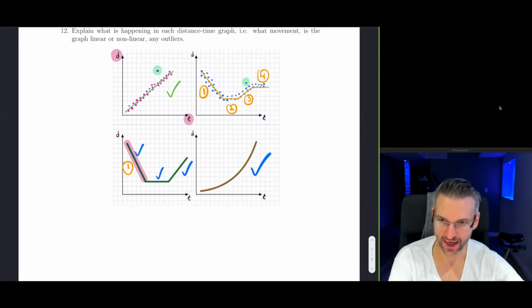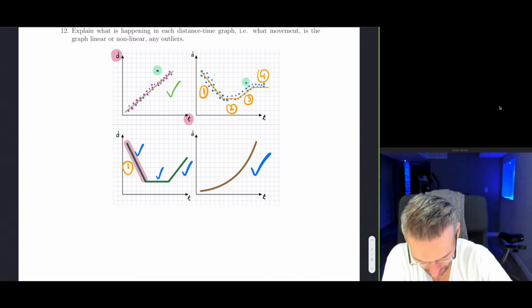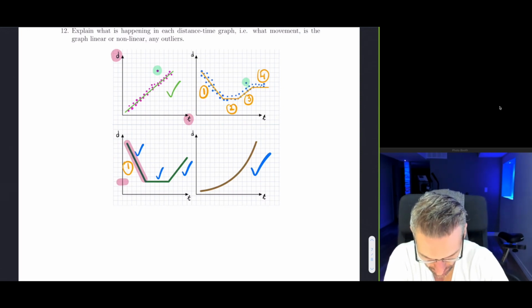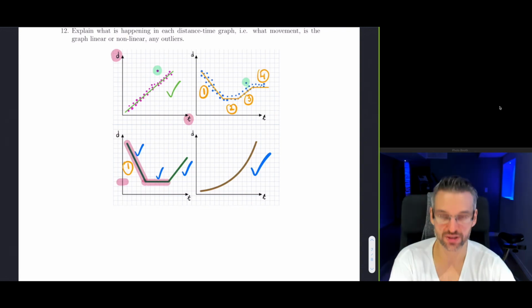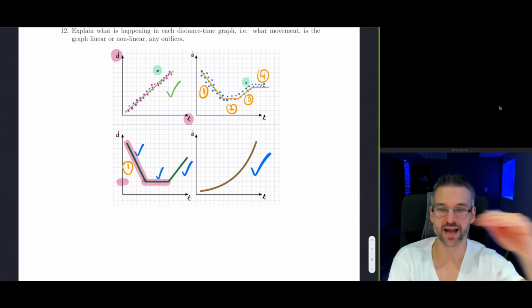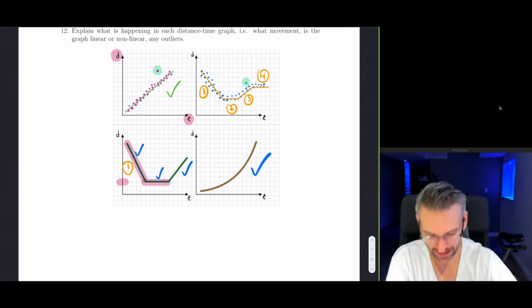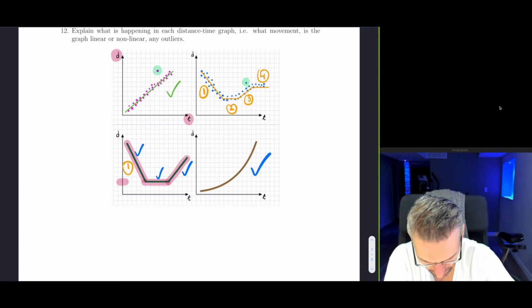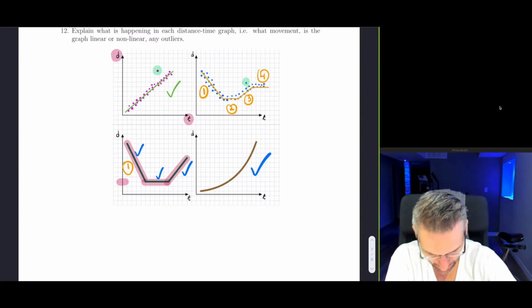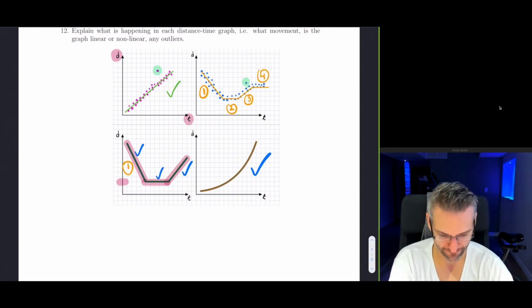So we're coming down, then we're stopped at that particular distance. For this level, we're not moving anywhere. We're just stuck there. So that's the flat line. Whenever it's a flat line in a distance time graph, we're stuck. And then again, we start to move away at a constant rate.